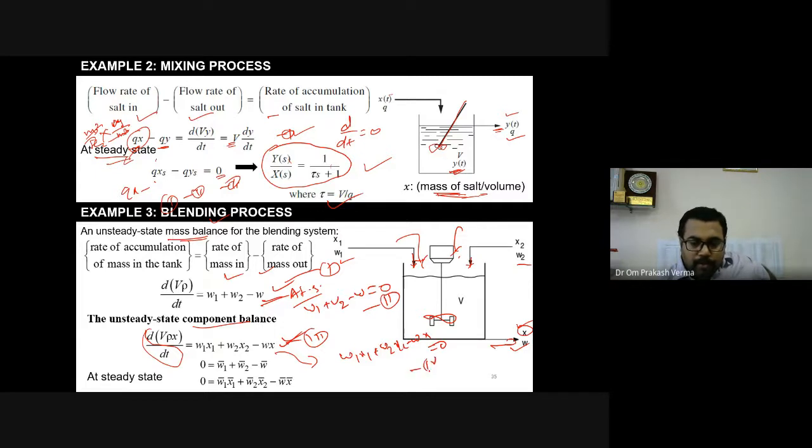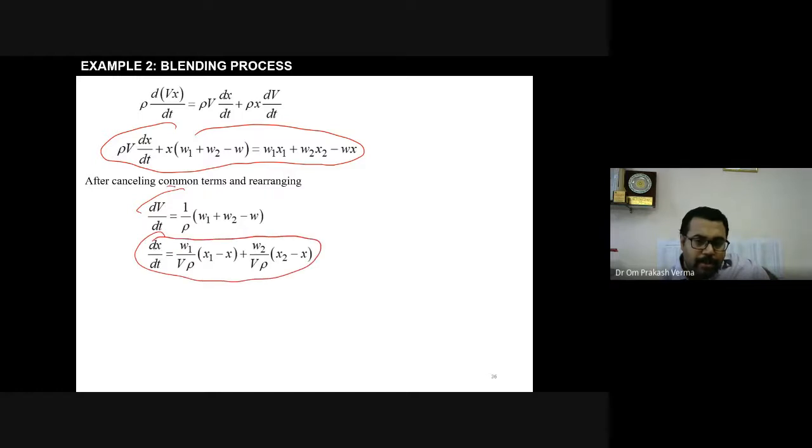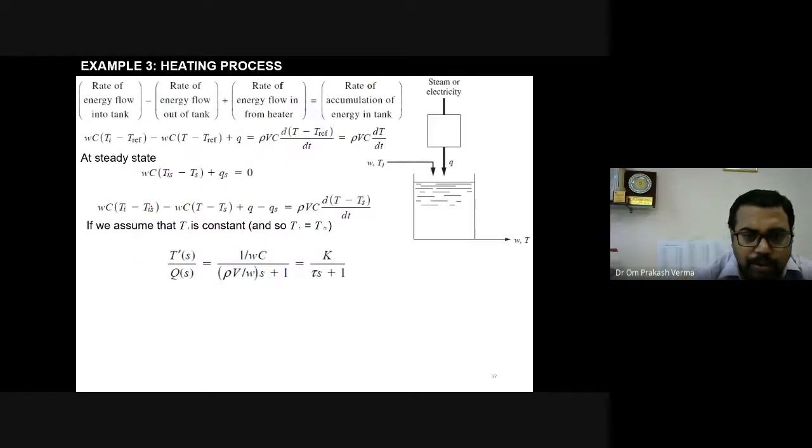This is equation number 4. Okay, so with the help of these 4 equations you can develop the transfer function. So this is the final equation for the component balance, and this one is the mass balance equation. So based on this you can find out the equation, right?